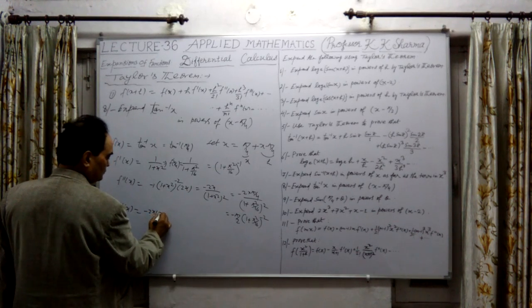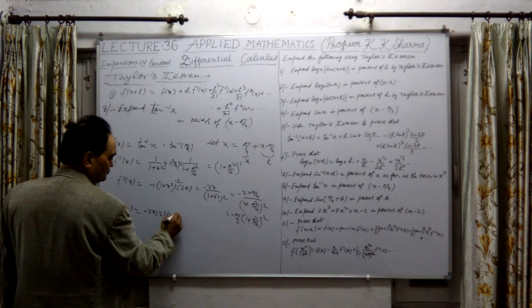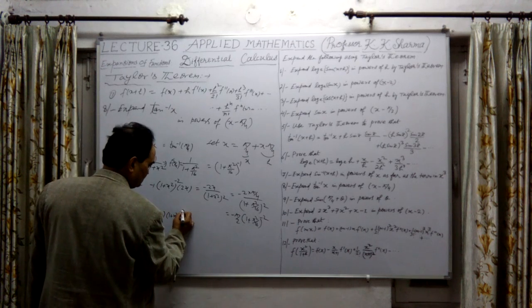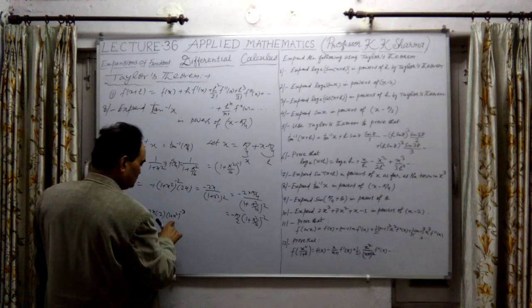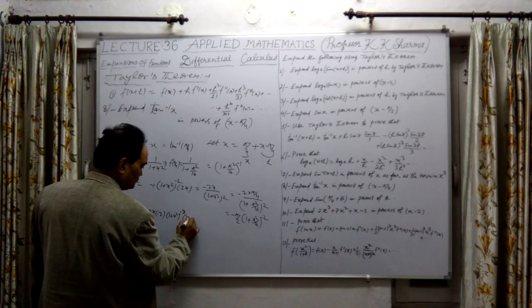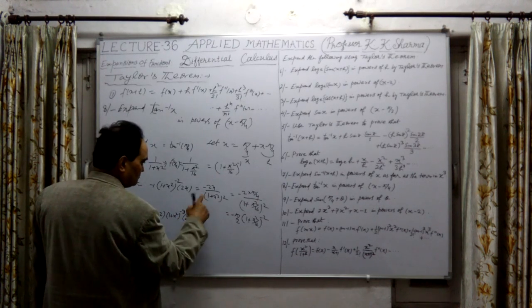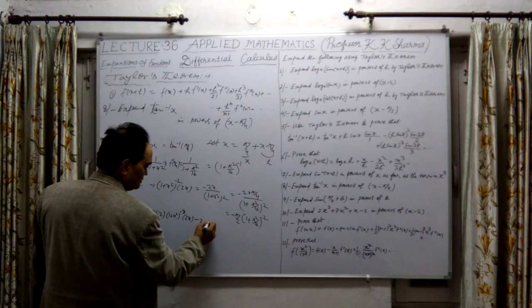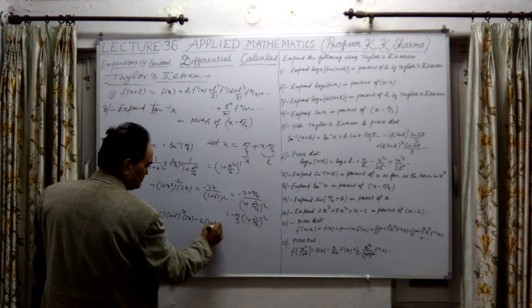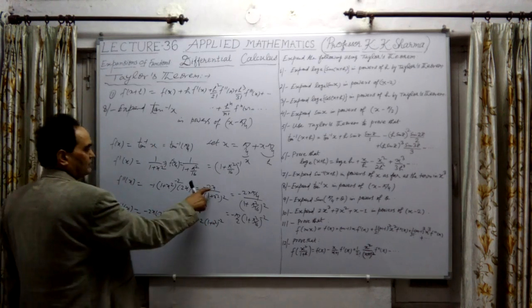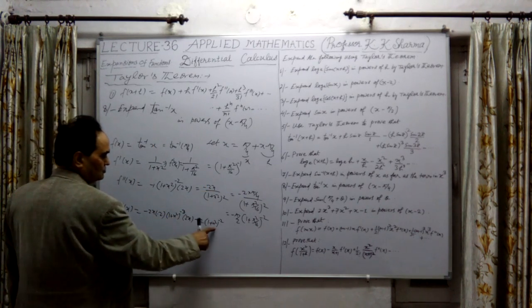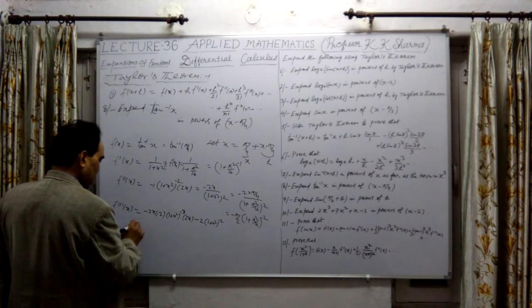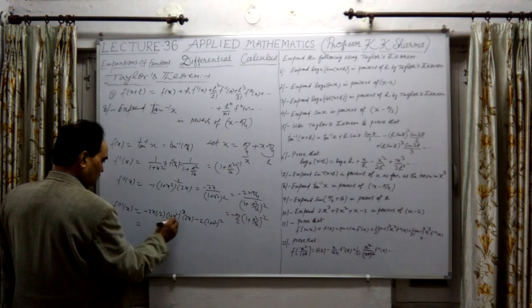That means minus 2 into (1 plus x square) whole power minus 3, that means minus 3 into differential of 1 plus x square again with twice x. Now next step, negative twice x is 2 only into (1 plus x square) power minus 2 as it is. Differential of x is 1, twice x into, that means 2 into 1 into (1 plus x square). Yes. Let me summarize this.